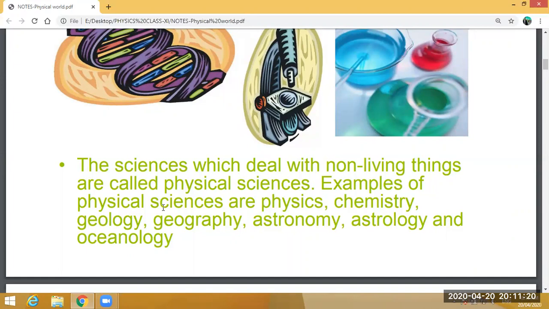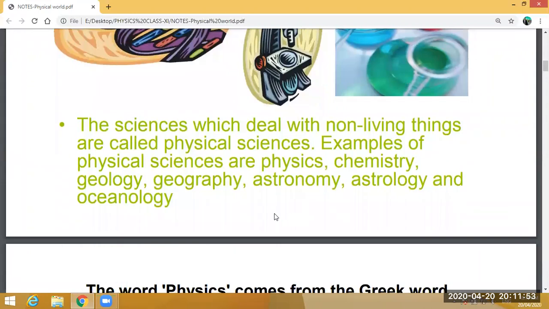Examples of physical science are physics, chemistry, geology, geography, astronomy, astrology, and oceanology. All these branches of science have nothing to do with life, and are not associated with living things. That's why these branches of science are called physical science.